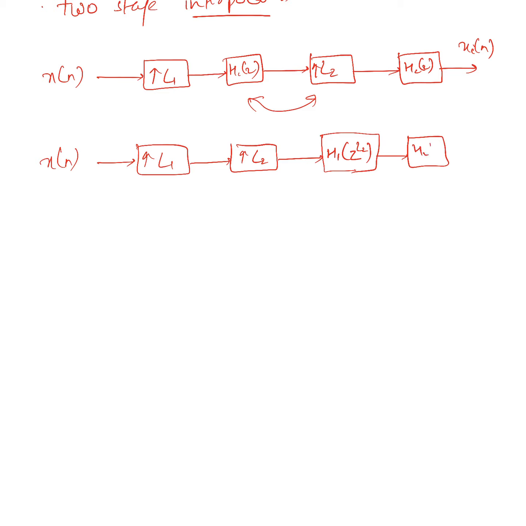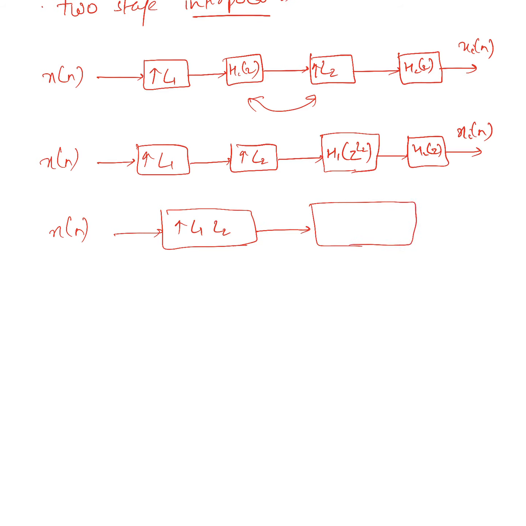And finally H2 of z to get x i of n, the interpolated signal. And in the compact representation, we have this upsampler by L1 and L2, passed through the cascade combination of these two filters, H1 of z to the power L2 times H2 of z, to get x i of n.